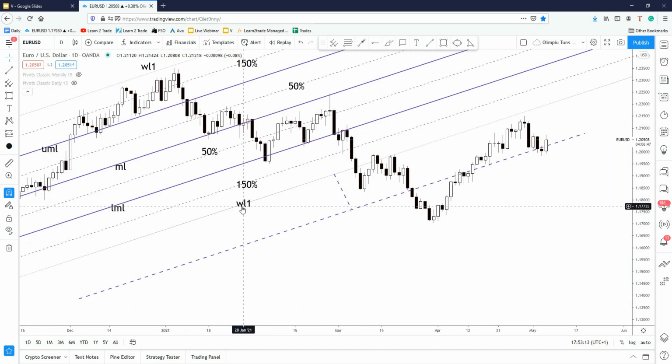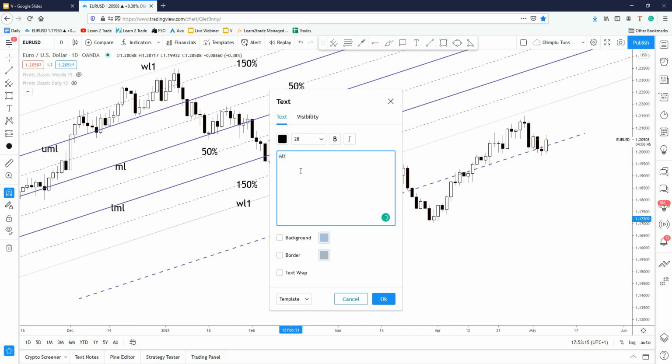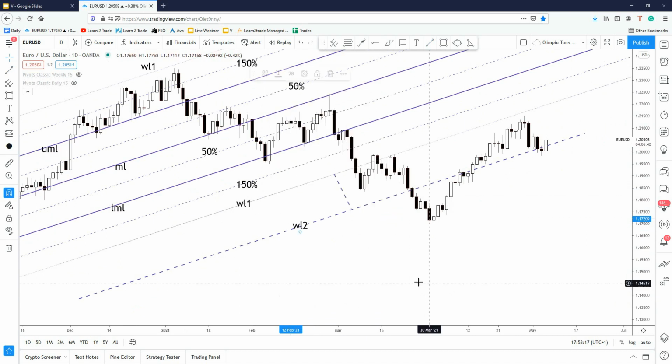And you can see how the price respects these levels.